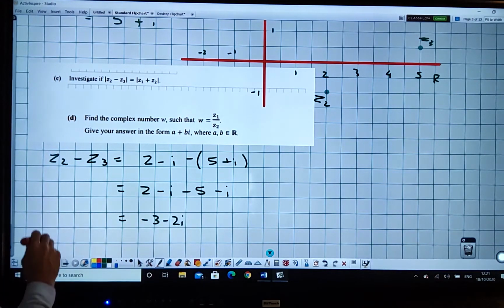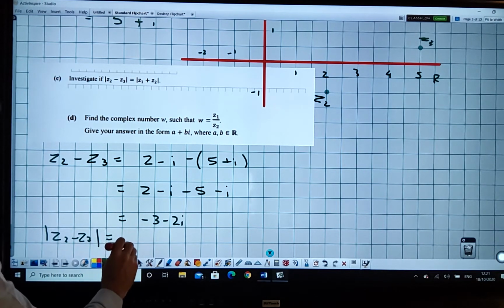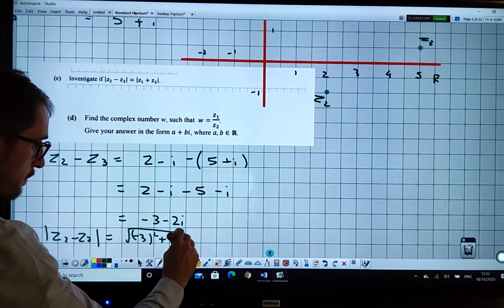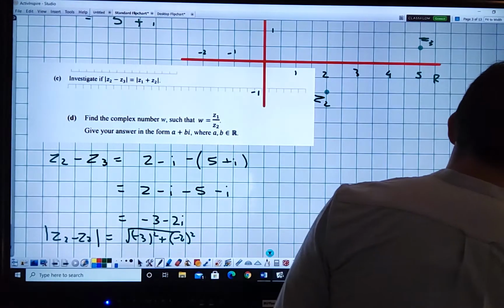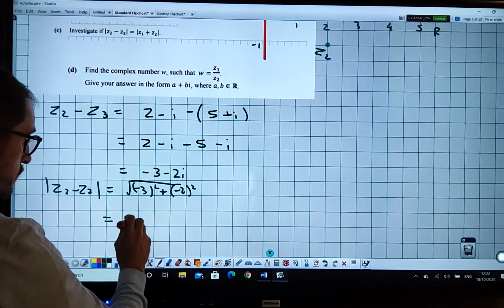And then to get the modulus of that, it's going to be the square root of minus 3 squared plus minus 2 squared, and that is equal to the square root of 9 plus 4, the square root of 13.